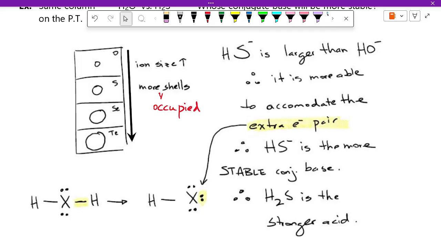It just gives you the trend as you go down. So H2Te would be stronger than H2Se, which would be stronger than H2S, which would be stronger than H2O.